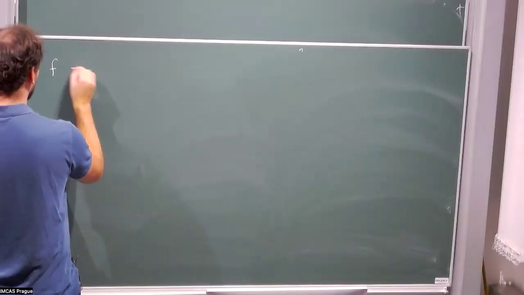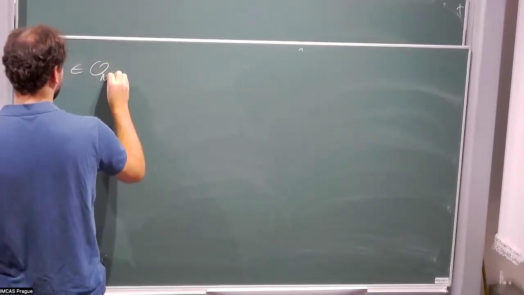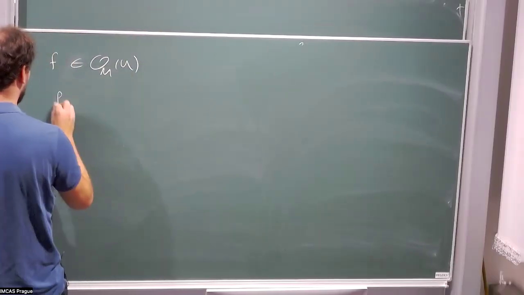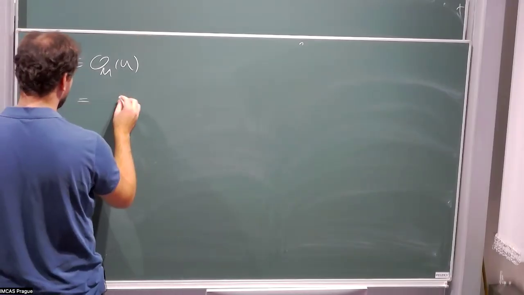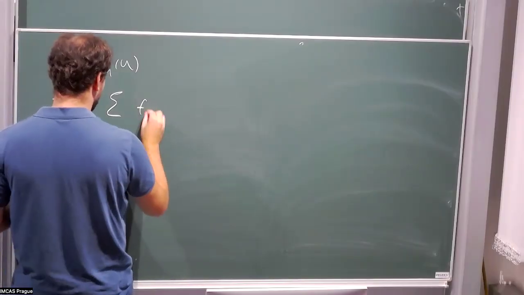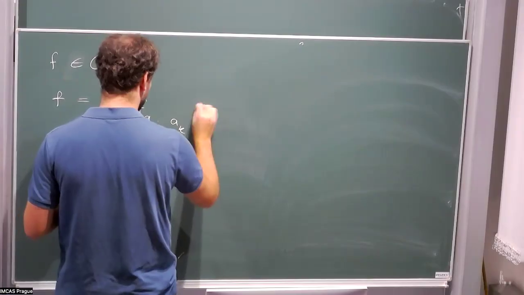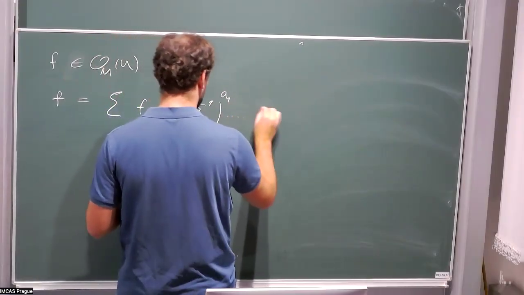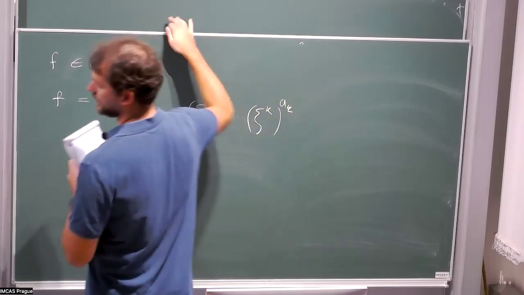Okay, so we have to allow f, a general function in the coordinate neighborhood, shall we say, now is not a polynomial anymore, but you have to allow infinite polynomials, right? You have to allow a formal power series of f. I can write it this way as before.